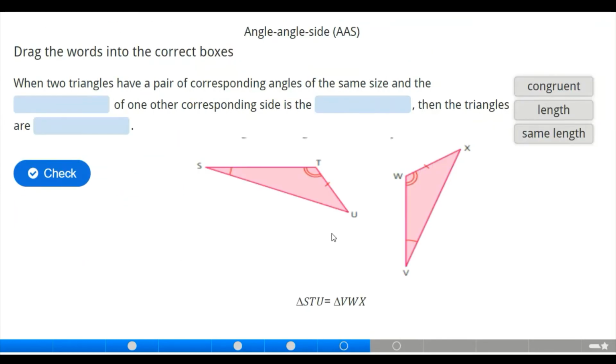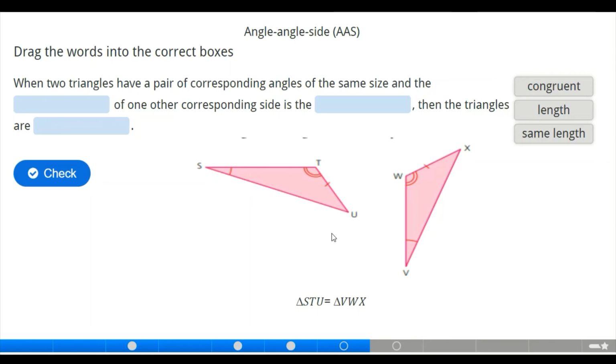Now let's look at another condition that we have here. The condition says that when two triangles have a pair of corresponding angles of the same size, and the length of one of the other corresponding sides is the same length, then we say that the triangles are congruent in nature.